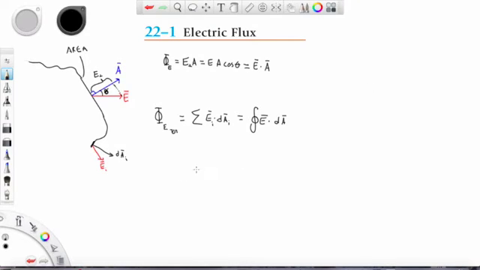As an example of such a symmetry, let's consider a sphere. This is drawn in 2D, but it's supposed to be a three-dimensional sphere. And we have a positive charge Q in there. The color of positive is red.